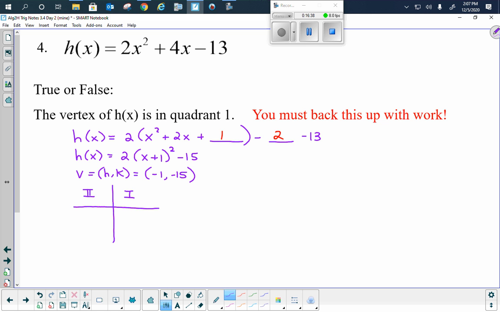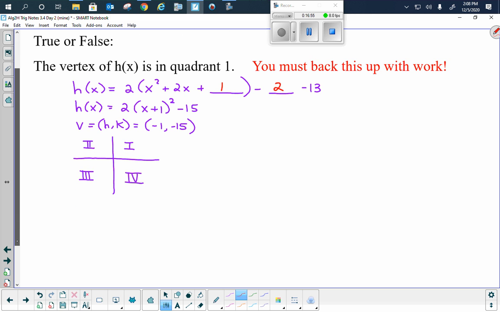There's I, II, and they form the letter C. Here's III, and then IV for 4. There's your quadrants. So if I see you label that, and then quickly give me that ordered pair at (-1, -15), I don't need it accurate to scale.